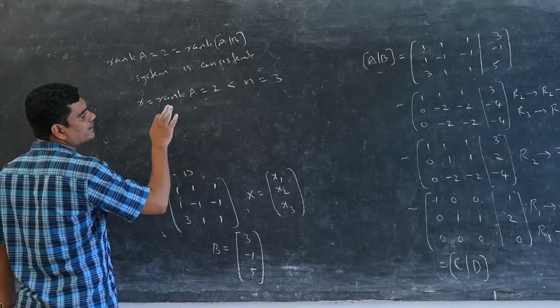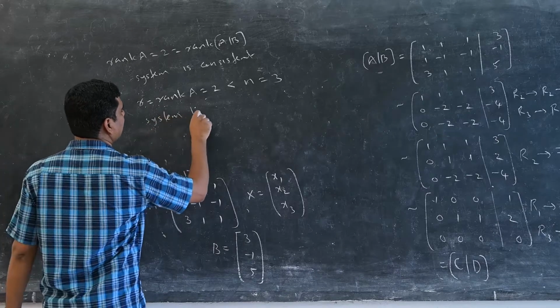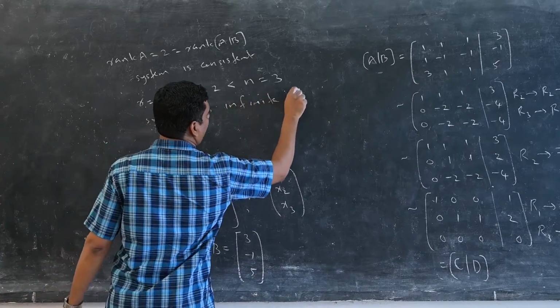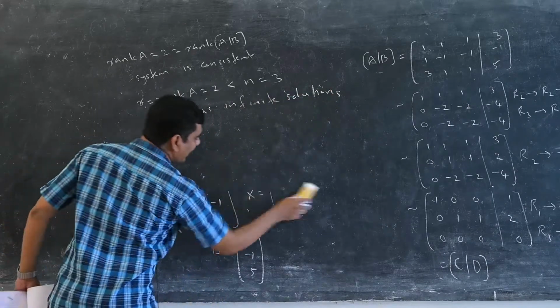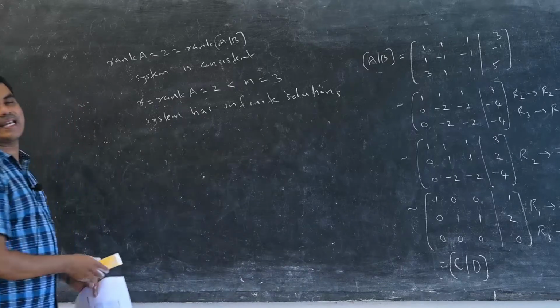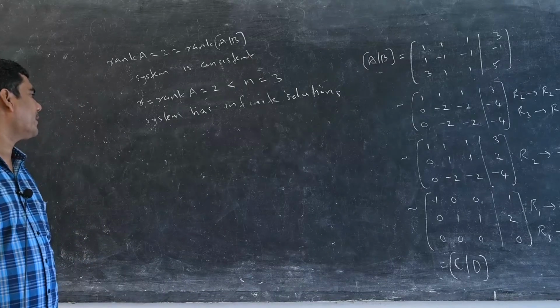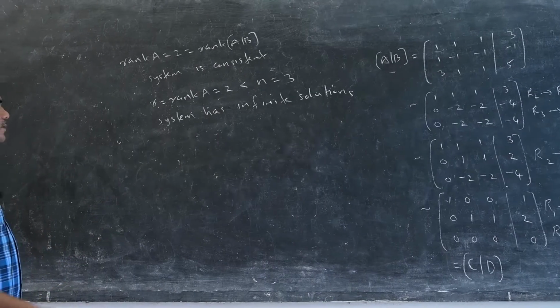In that case, the system has infinite solutions. In the case r is equal to n, the system has exactly one solution, a unique solution. In the case r less than n, the system has infinite solutions. So this system has infinite solutions.